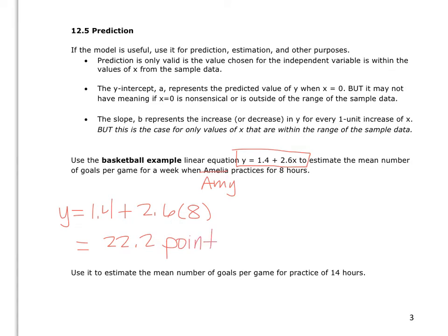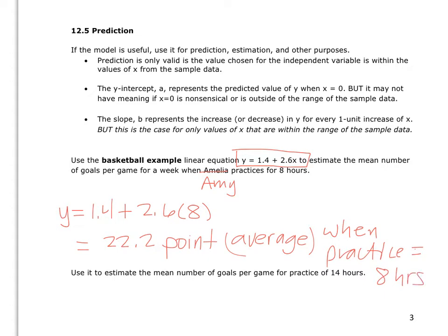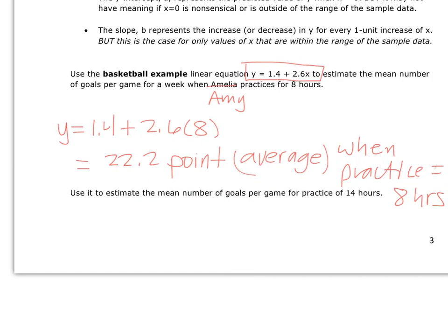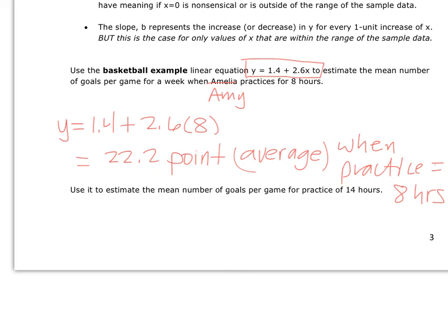Remember, that's the average points scored when practice is 8 hours. So to use this for prediction, you just plug in the value of the independent variable and calculate the dependent variable value.